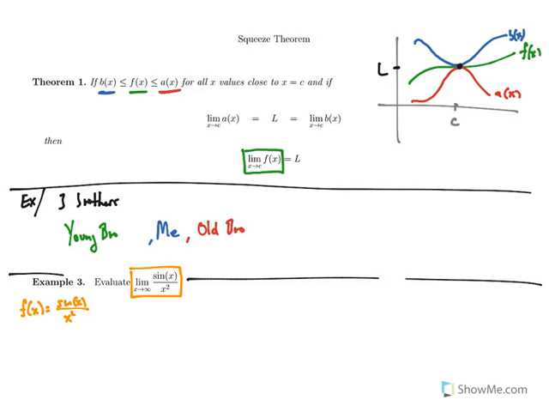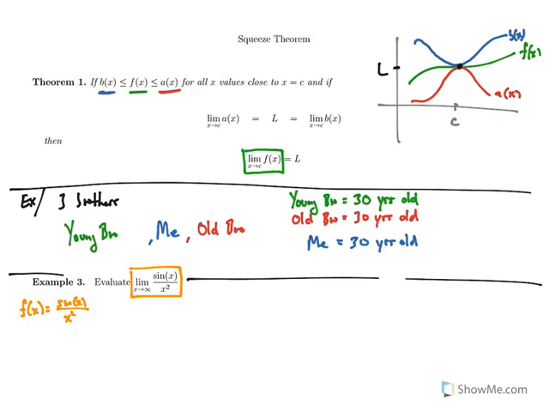Now, if my younger brother said that he was 30 years old, and my older brother said that he was 30 years old, how old am I? Well, since I have to be trapped in between them, I also have to be 30 years old. And that's what we're doing here with functions. You are squeezing some function in order for it to be trapped in between two values that have to be the same.